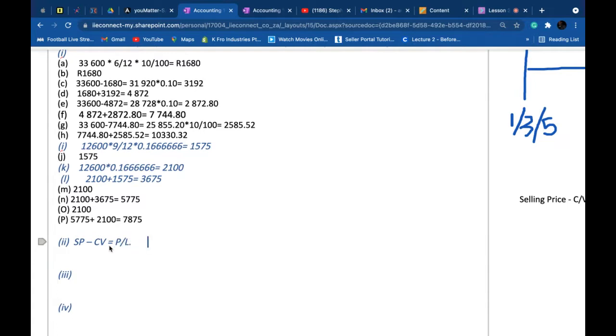So we said that the selling price was 22,500, and we're deducting the carrying value from that. We know that the cost that we bought this asset for was 33,600. I want us to calculate this bit because it's very important. The cost minus the accumulated depreciation up until that point will give us the carrying value.